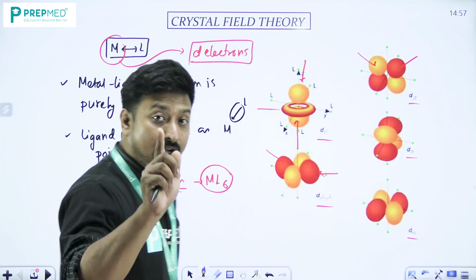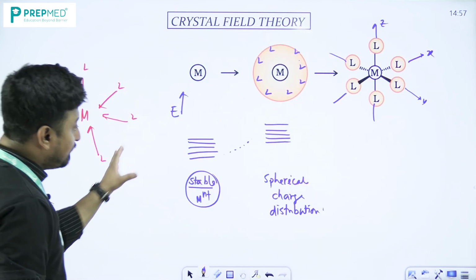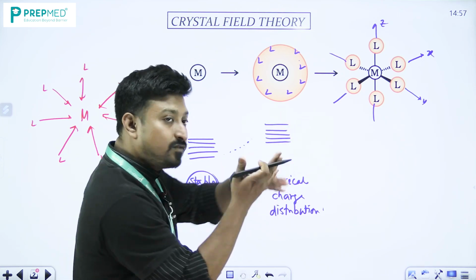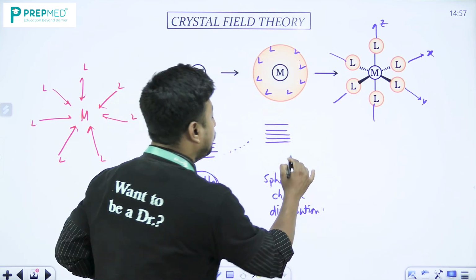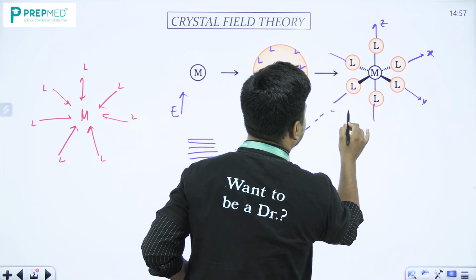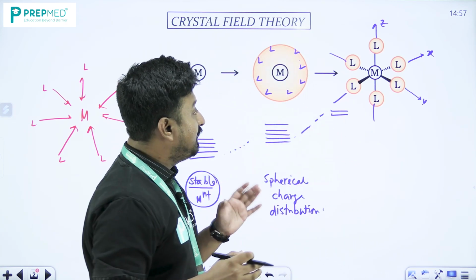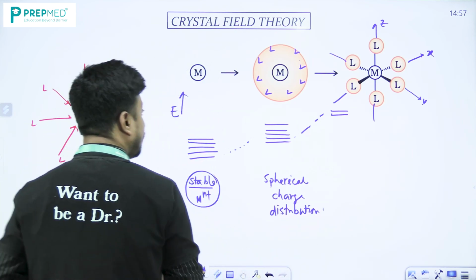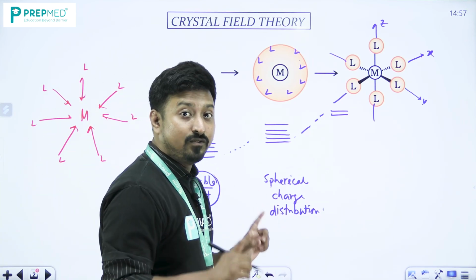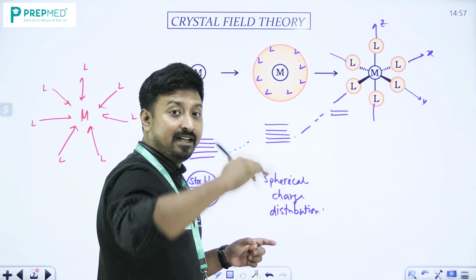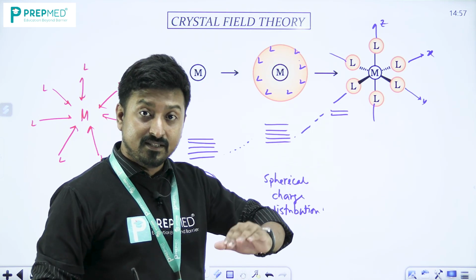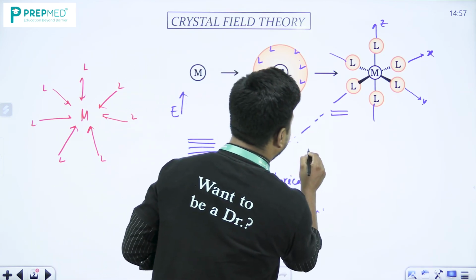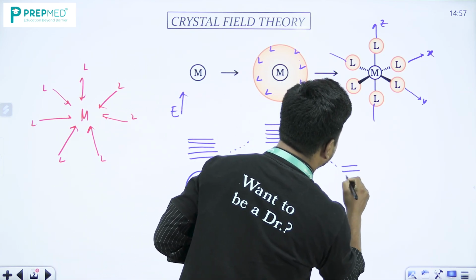and xy. Now what actually happens: since this was a completely degenerate state of the d orbital, it gets split. In this splitting, the two orbitals which are directly interacting with the metal center, that is dx square minus y square and dz square, get energized, and the rest, yz, zx and xy, get de-energized like this.